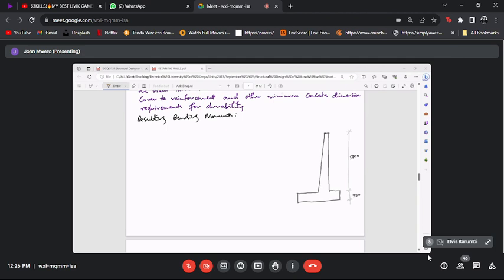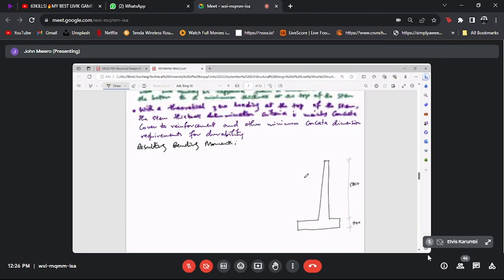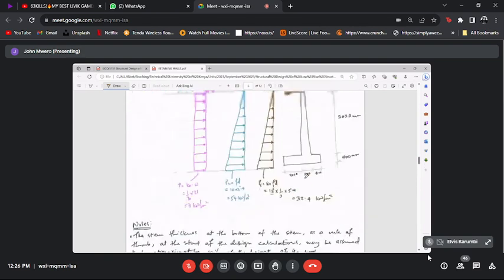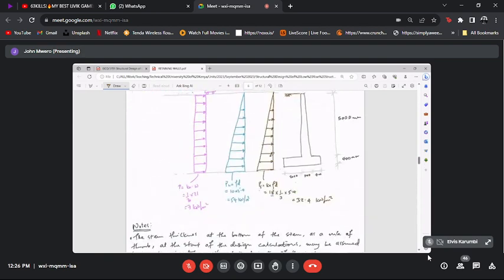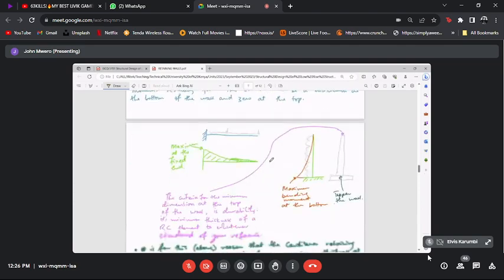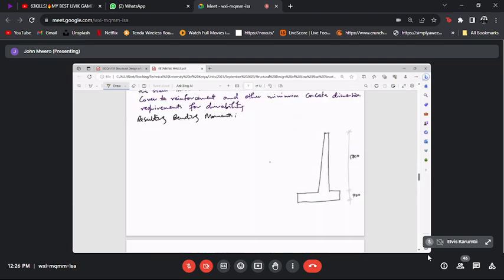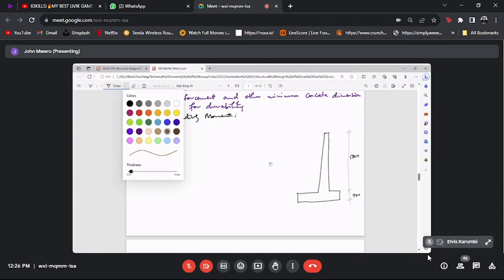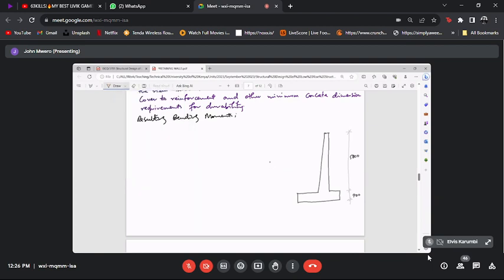So again, we start with the soil. Let's start with the soil. So we want to draw the bending moment that would result from the loading courtesy of the soil.